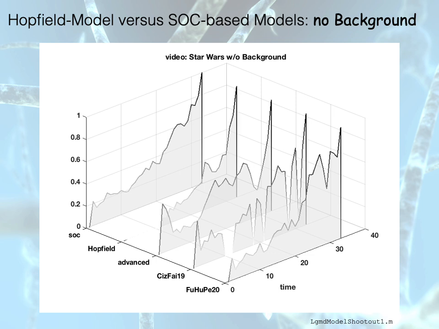Finally, the FUUP20 curve looks also very nice. So it's low at the beginning and it's getting big towards the end. Of course, this video, in terms of complexity, wasn't very difficult for these models to process. This is because there was no background movement involved. So we just had a uniformly colored background. But if you have seen the first Star Wars movie, you remember that the spaceships flew through a tunnel, or sort of a tunnel.